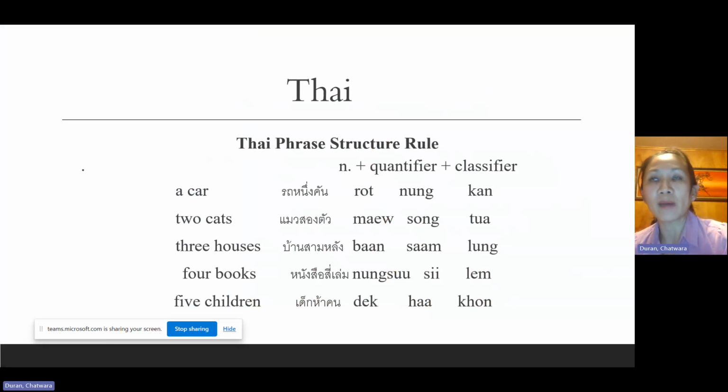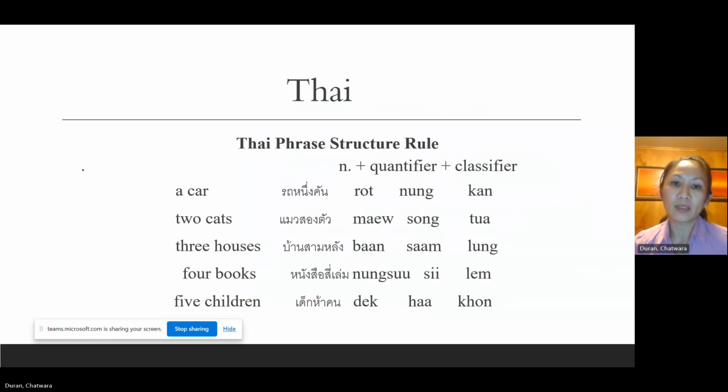So to have the phrase two cats, in Thai you have the noun maew, the quantifier song, and then the classifier ตัว. Of course, in English you might say two litters of cats, right? But again, two litters of still comes pre-nominally, before the noun. In Thai, maew song ตัว means two cats.